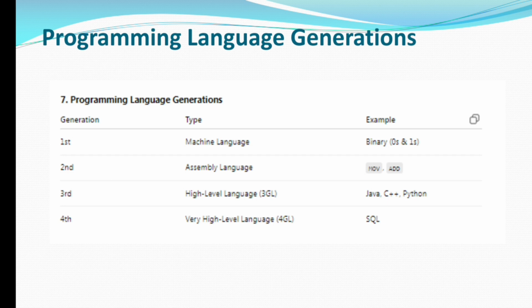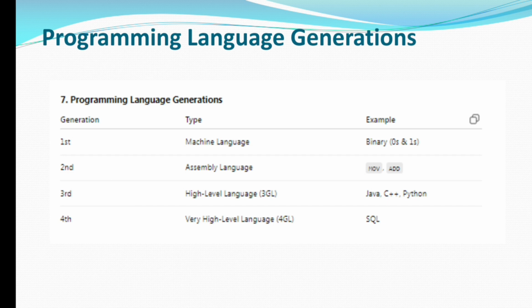You know that the first generation low level language is nothing but machine language, which is in the form of zeros and ones. Assembly language is in the form of symbols like move, add, sub. It is like English language with keywords like add, sub, mul, divide.